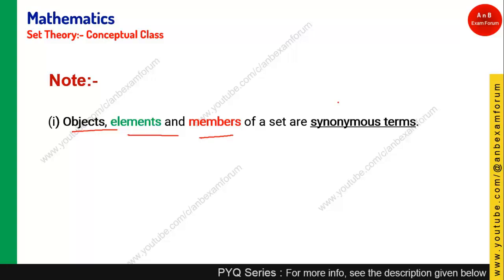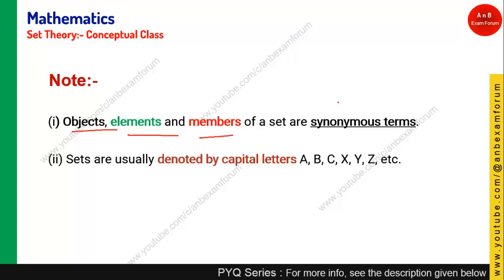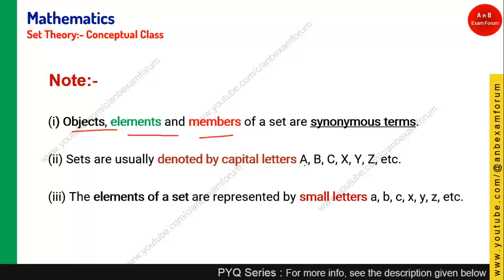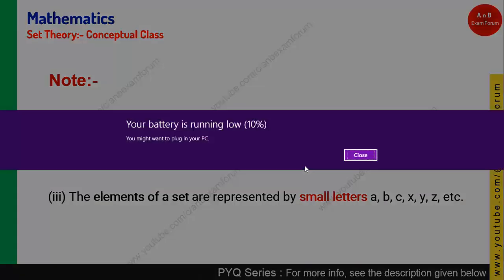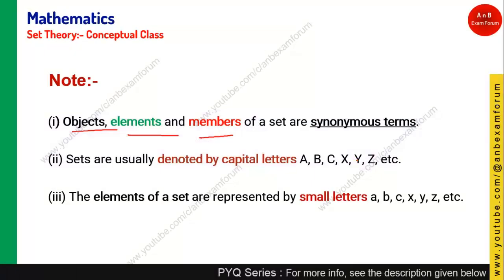It's up to the speaker whatever he wants to say, but all these terms mean the same. And remember students, sets are denoted by capital letters, it can be any letter, there is no restriction, and the elements of the set are represented by small letters.